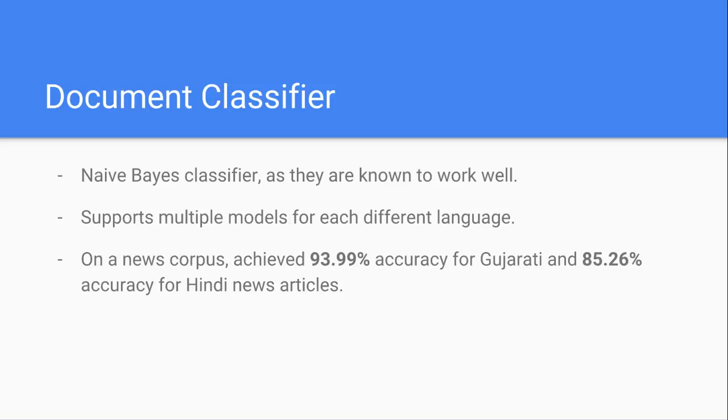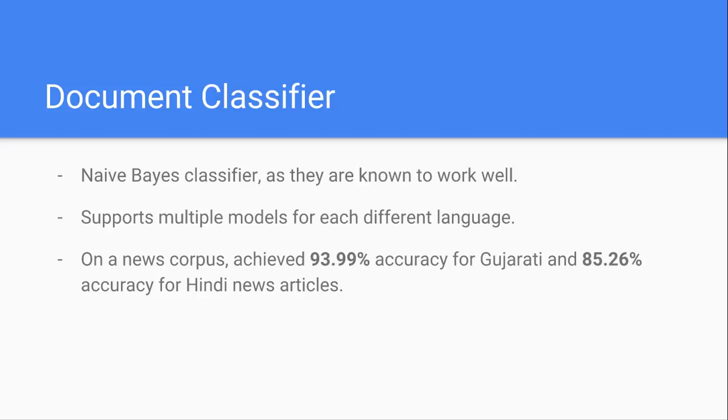The last one is the document classifier. Naive Bayes based classifiers are known to work for document classification, spam filtering, and all such problems. I used the same Naive Bayes approach. On a news corpus for Gujarati, I had around 70,000 news articles with predefined categories.